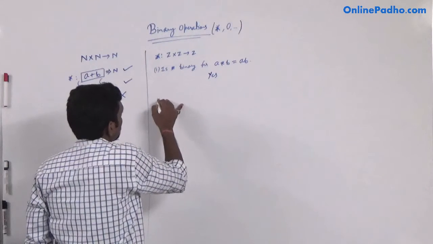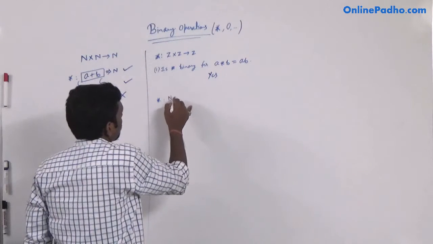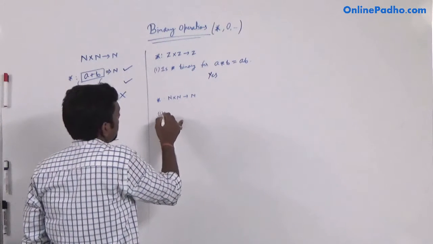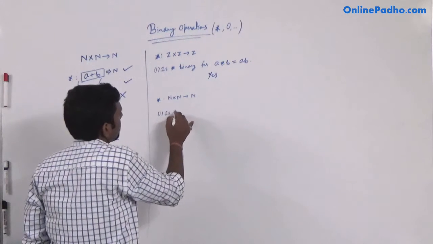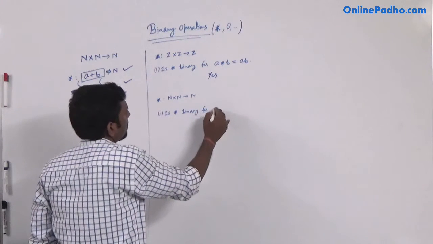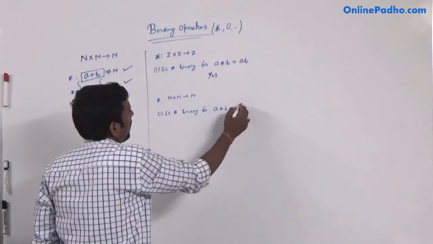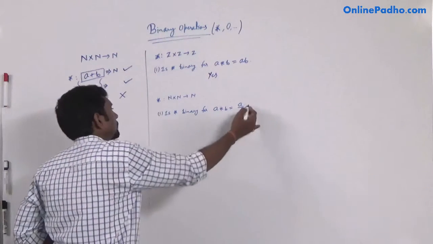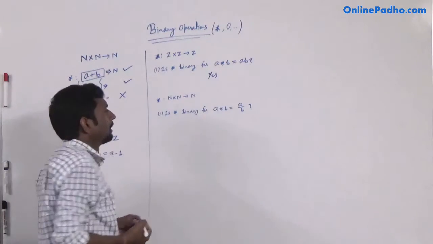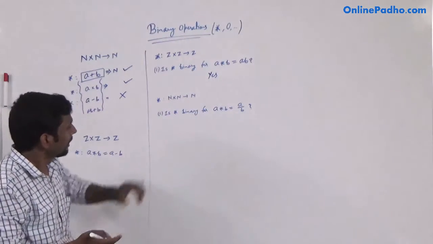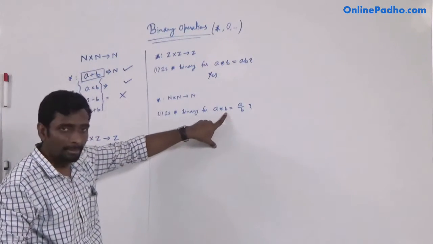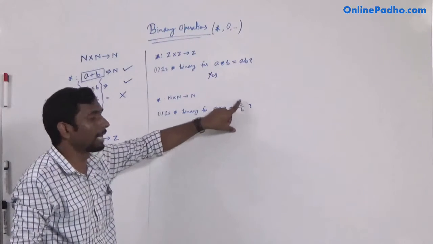But the question is, star on natural number to natural number tends to natural number, is star binary for a star b equal to a by b? No. This is not binary. Why? Because here a and b are natural numbers, and the resultant must be a natural number.